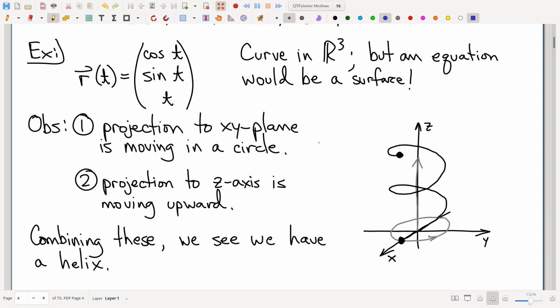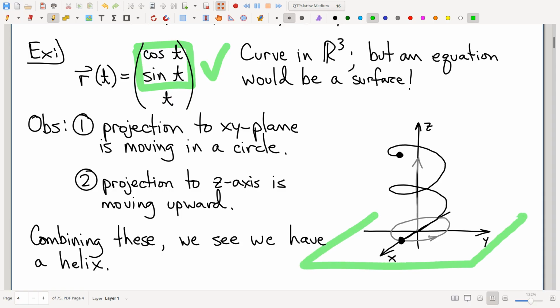So again, there are some methods that work in some cases. The following I think is really nice when it works. You're going to notice right off the bat that we've already sort of studied that, right? The whole cosine and sine thing. We already know that's a circle, right? Those are the x and y coordinates, and what that's telling me is what the x and y coordinates are doing.